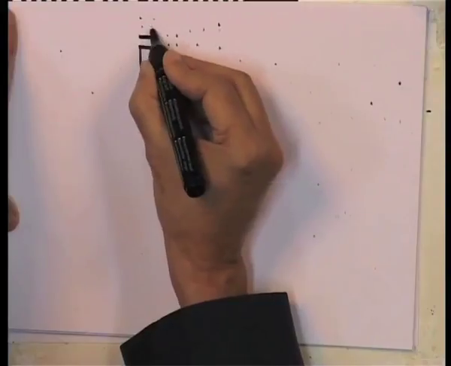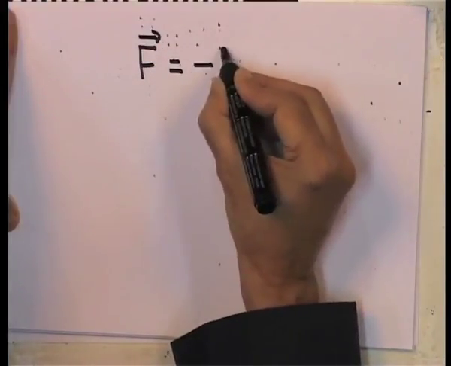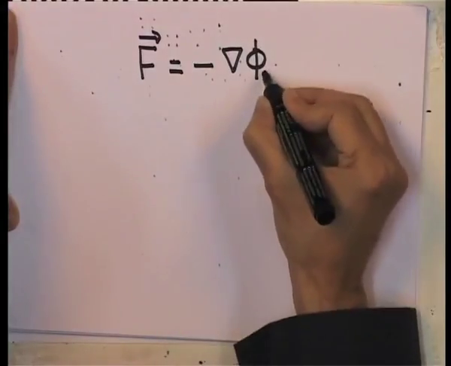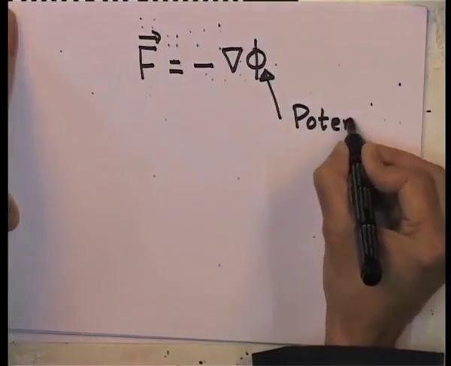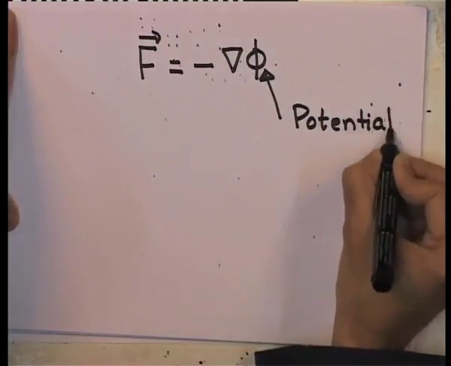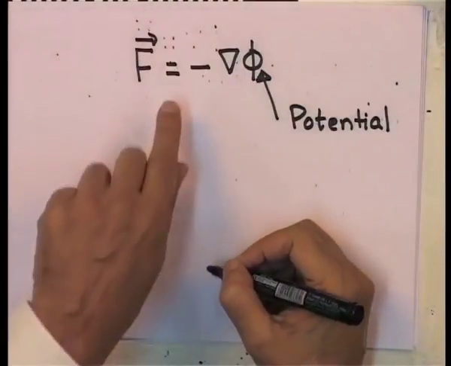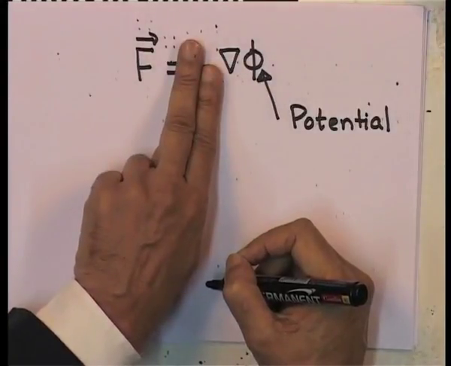Generally, because of various reasons, instead of writing F as equal to gradient of phi, we define F as equal to minus the gradient of phi, and this phi is then given a name called potential. This is conventional, but in principle a mathematician would call phi a potential whether you have a minus sign in front of it or not.